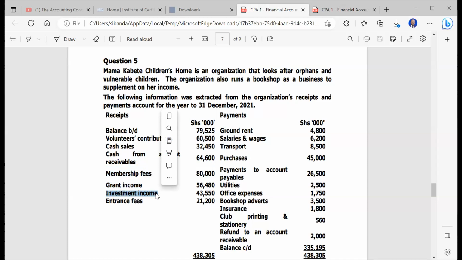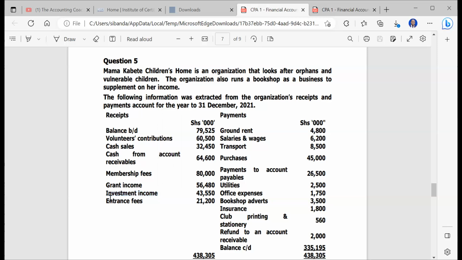Maybe they have received a lot of money from a donor. They don't want to use that money right now. They can invest it in an investment arm like treasury bills, and they benefit from it. Sometimes they can also put this money on fixed deposit and they can receive interest from the bank. That is also investment income.